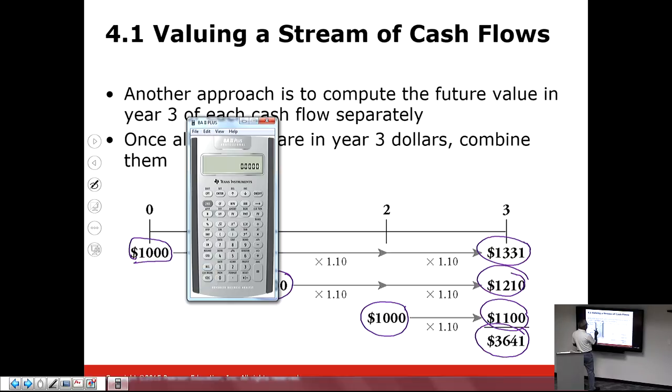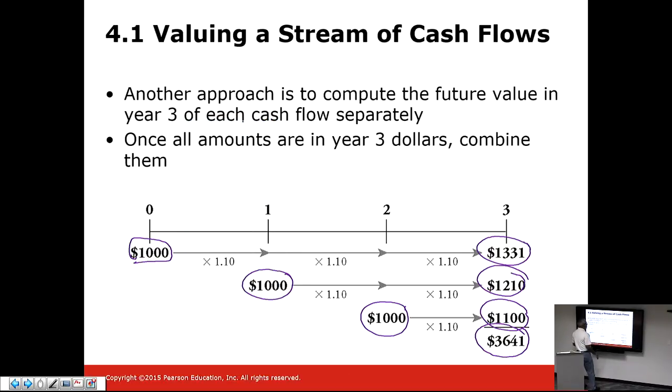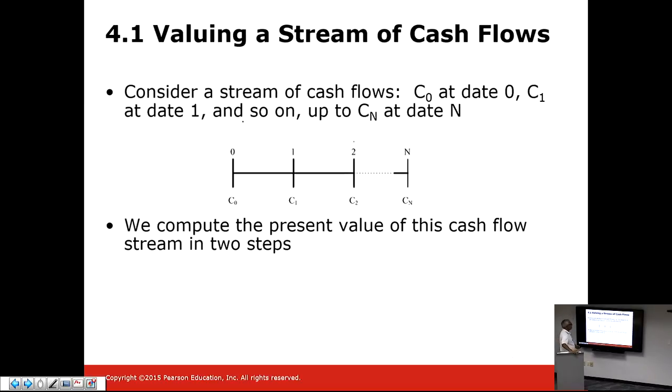Then I can clear everything, 1,000, change sign is my present value, N is 2, 10 is I/Y, compute future value, my second future value, 1,210, and then the third one similarly, and then I add them up. So I could have used the financial calculator instead of the formula. Either way would get me the same answer.